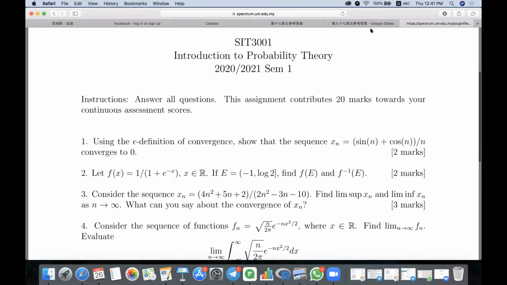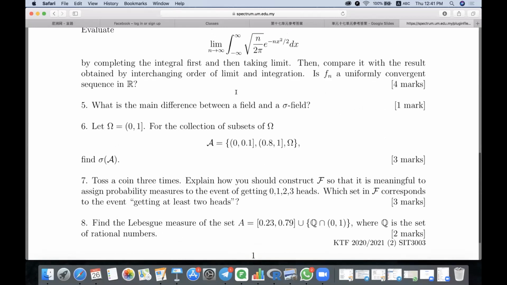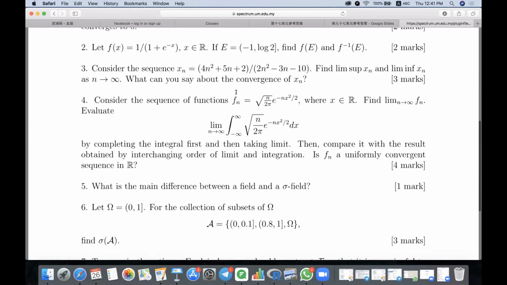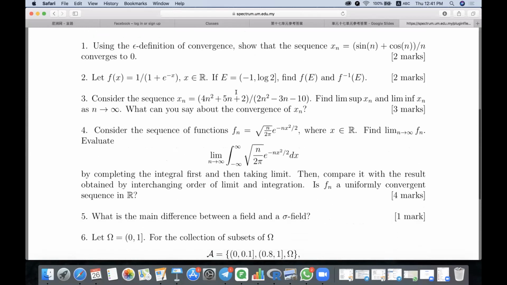There are 8 questions here, and the marks are indicated for each question. They cover all the material until tutorial 3. You have a first problem on using the epsilon definition of convergence.